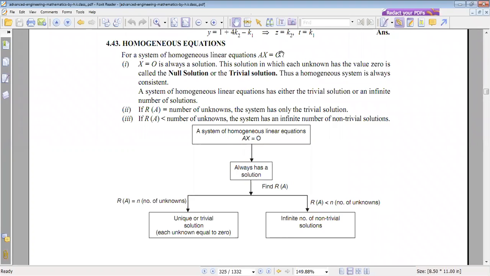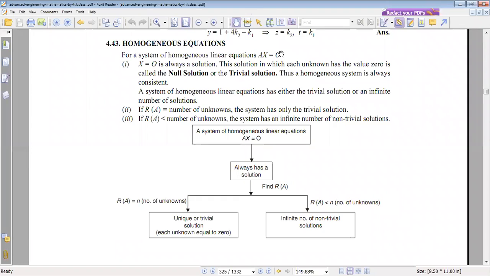Now we are going to discuss how we can find the solution of a homogeneous system of equations. Clear? Homogeneous equation means, suppose we take the equations 3x plus 4y minus 5z equal to 0 and x plus y minus 5z equal to 0. That means the right hand side is equal to 0. So that type of equation is called homogeneous.